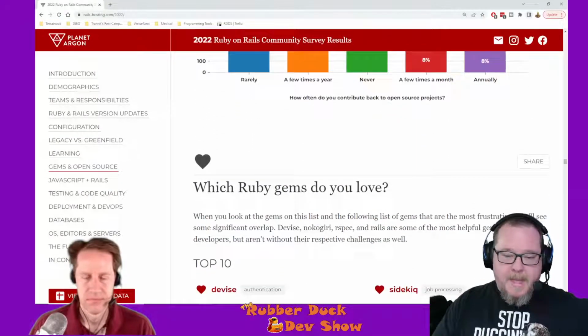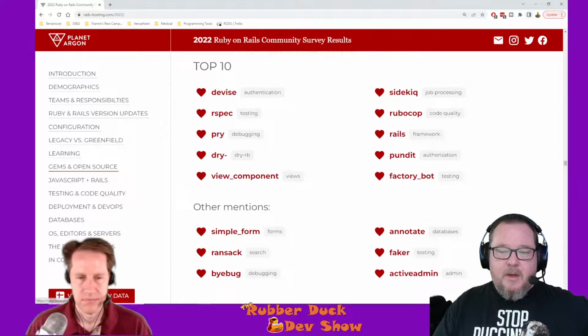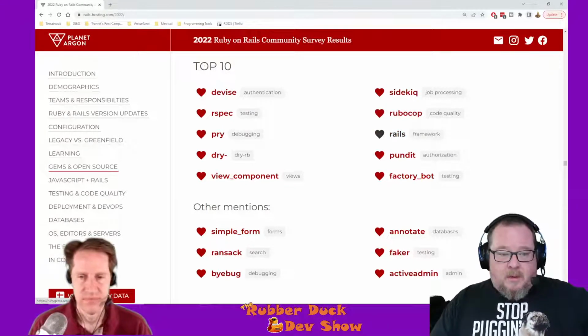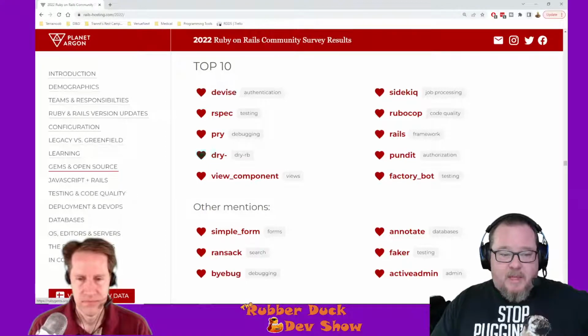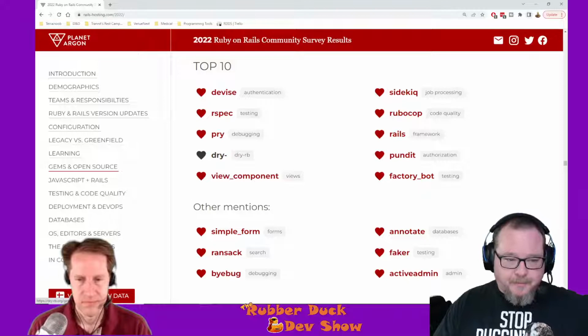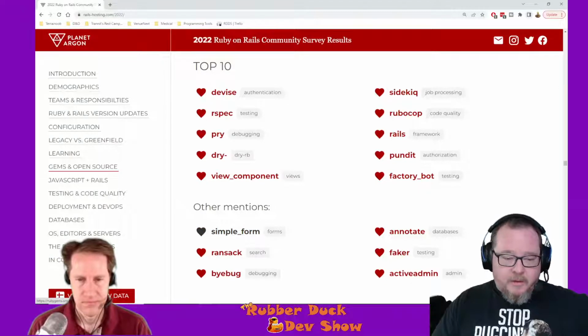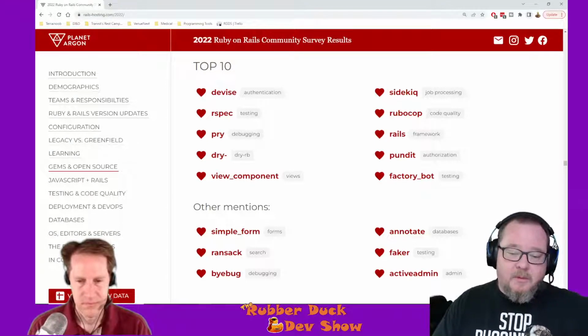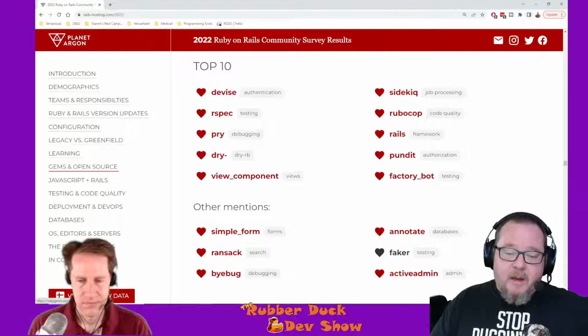What Ruby gems do you love? Well, Sidekiq, RuboCop. I mean, yeah. I haven't used ViewComponent, but the rest of them, for sure. I used Simple Form a lot back when I was doing front end stuff, but I don't do that anymore. Faker, I love.